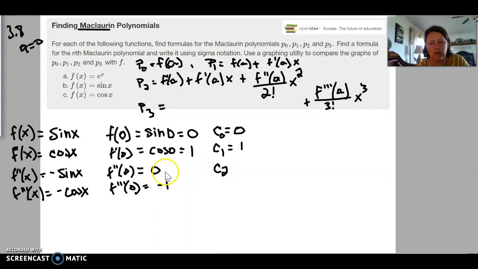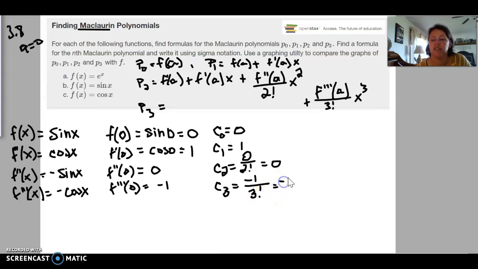C sub 2 is going to be 0 over 2 factorial, which is really just 0. And then C sub 3 is going to equal negative 1 over 3 factorial. 3 factorial is going to be 3 times 2 times 1, which is 6. So that's going to make that negative 1/6.